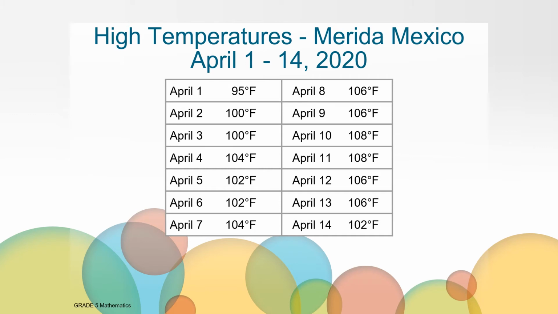I'm noticing that it was hot in Mérida, Mexico this past April. I also noticed that there are 2 columns of data with 7 temperatures in each column, so there are 14 total data points. I'll need to remember that later.